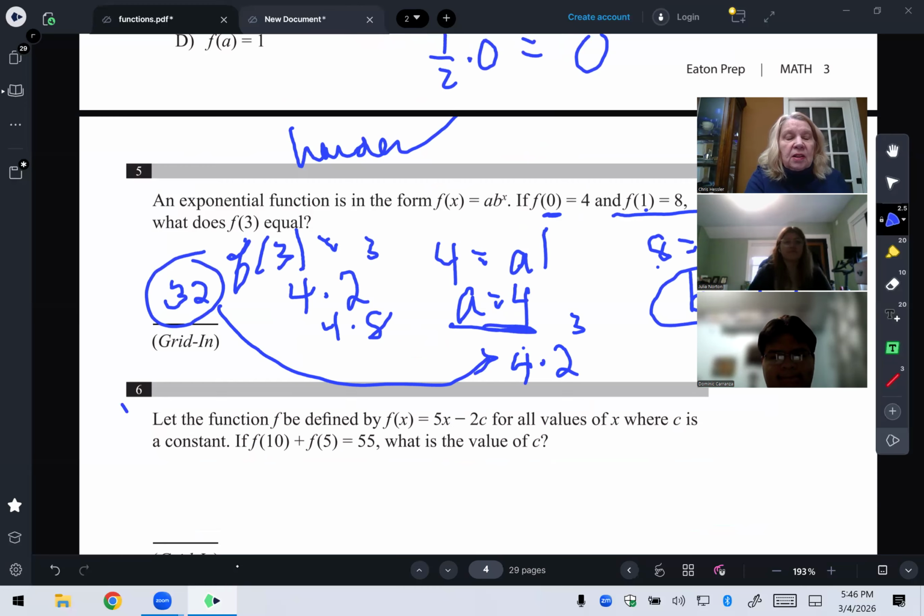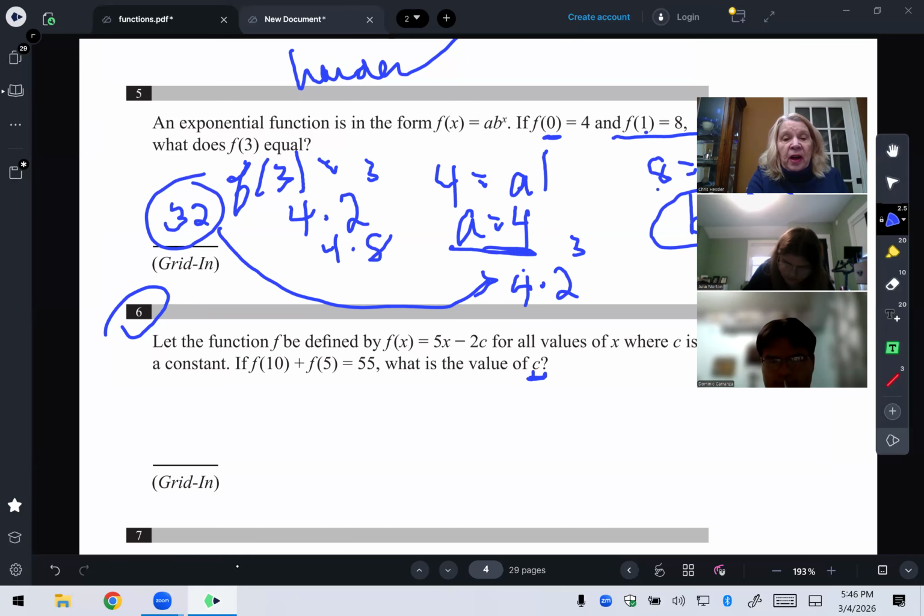So if we go on to 6, let the function f be defined by f of x equals 5x minus 2c. We're trying to get c. So we'll put in 10 for x.